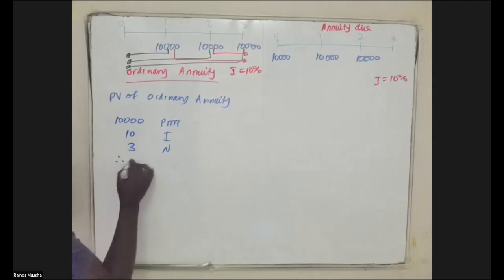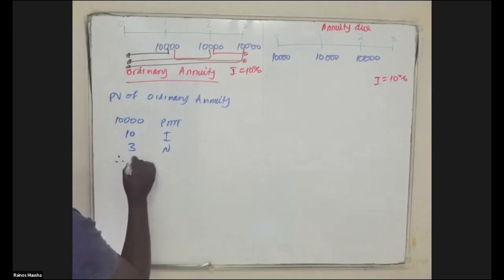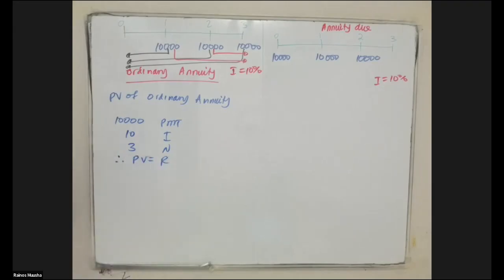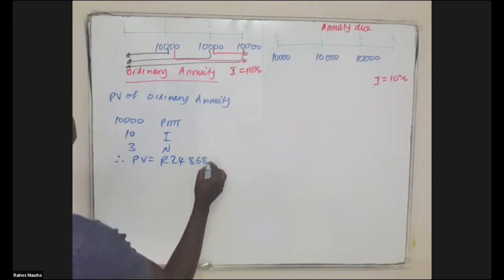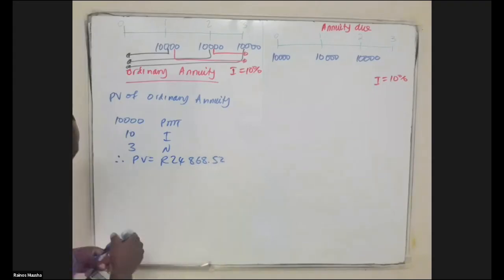Given this information, can you calculate the present value of this annuity, and how much do you get? 24,868.52. Are we on the same page? Any questions? Anyone lost?